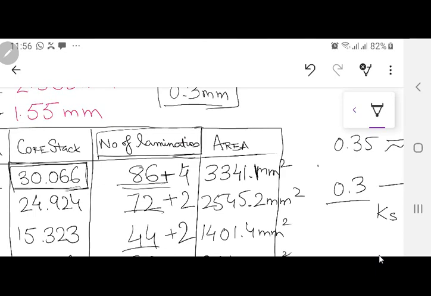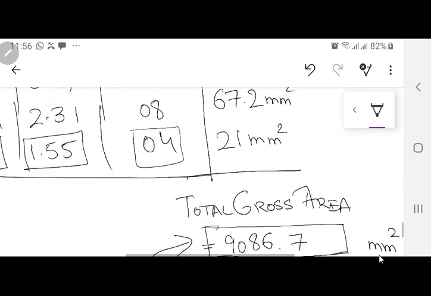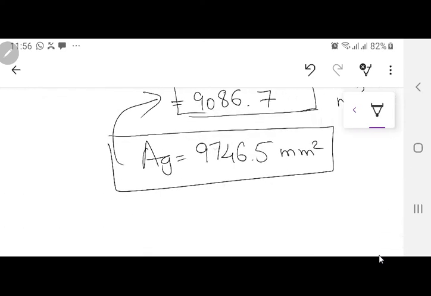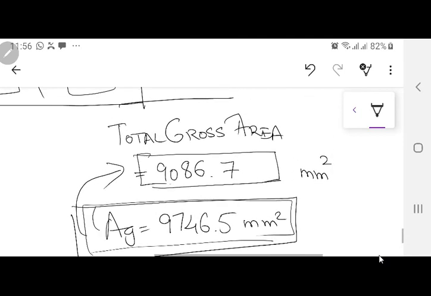Now by adding these 8 laminations, if the difference of 600 something is completed, then that is the final number of laminations you are getting. Okay? So you have to show this in another table that your total gross area is approximately equal to this value.